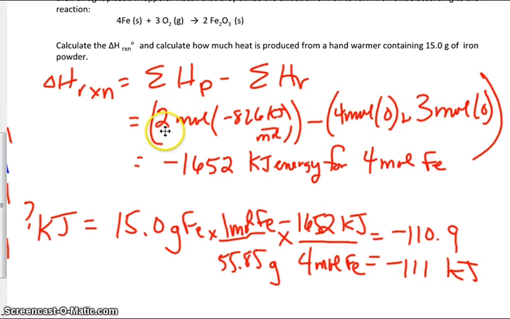So you're only worried about this. So I get negative 1652 kilojoules of energy for every 4 moles of iron. To answer the question, how many kilojoules? Well, you start off with 15 grams, grams on the bottom, moles on the top, moles on the bottom, kilojoules on top, and I got negative, really with sig figs, negative 111 kilojoules.